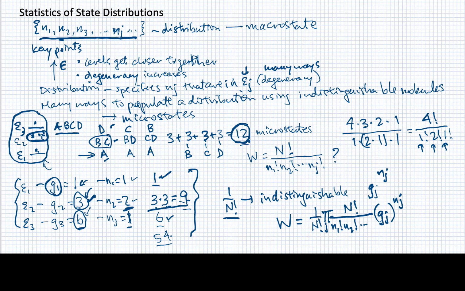So I haven't written it very well, but let me write it again in red so that it will be in a good format for you. All right, this will be essentially, and I'm going to cancel these big n factorials out.